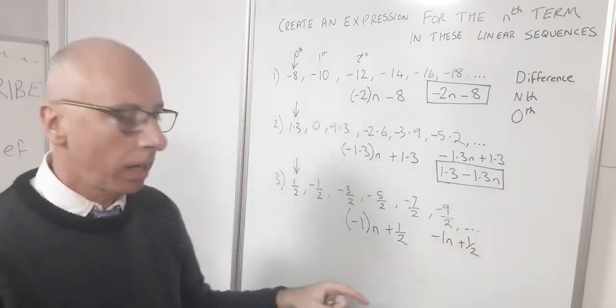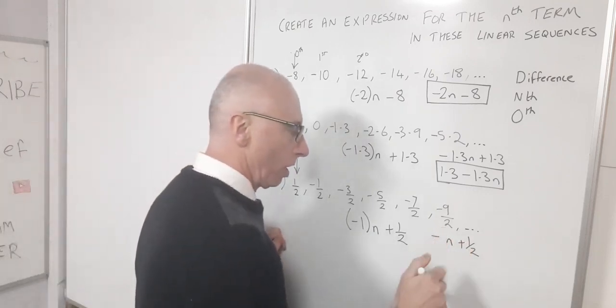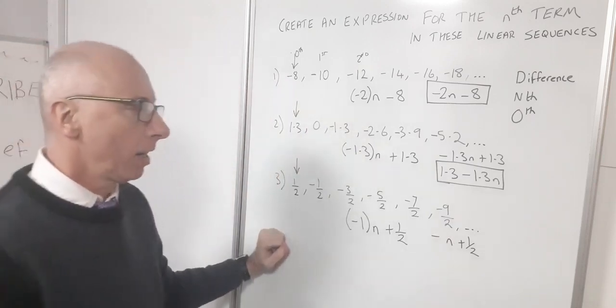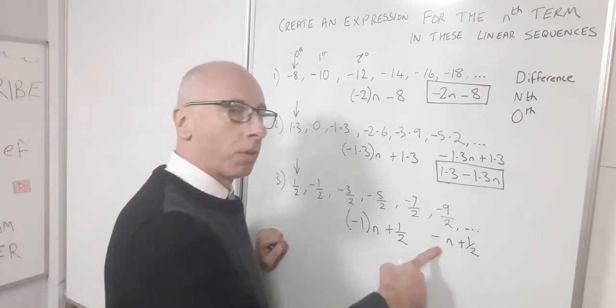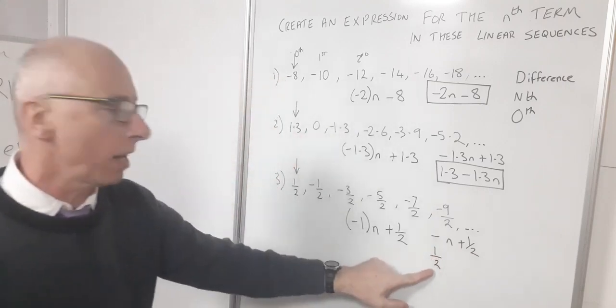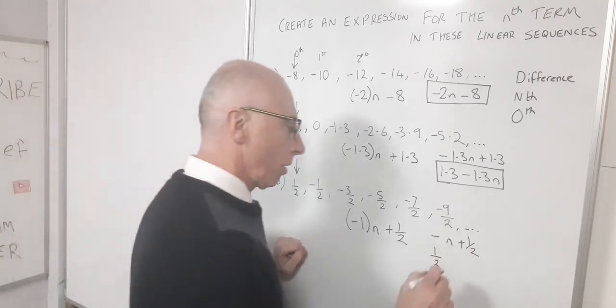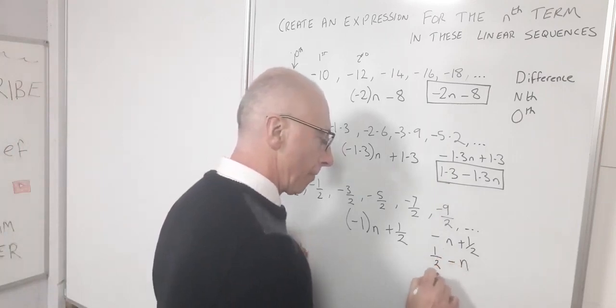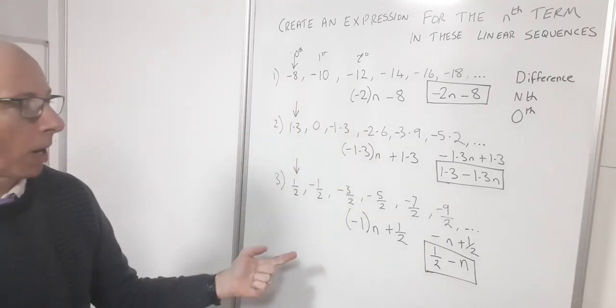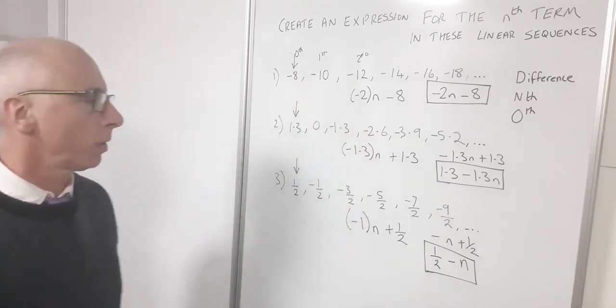Or even better, I just get rid of this 1. So I'll write -n plus 1/2. And then my half, as it's positive, I'm going to write that in front and give that as my final answer. So 1/2 minus n. So that's going to be my expression for my nth term using this sequence.